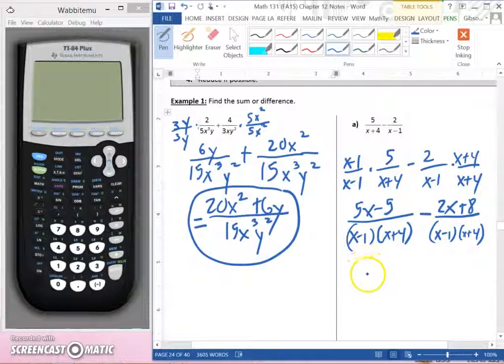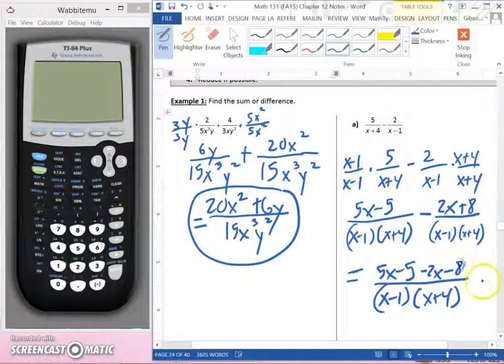Okay, now, since we have the same denominator, we'll bring over the denominator, which is x minus 1 and x plus 4. And then we will write the numerators out. We have 5x minus 5. And since we have a subtraction sign here, it changes the sign of both of these. So this positive 2x becomes a minus 2x.